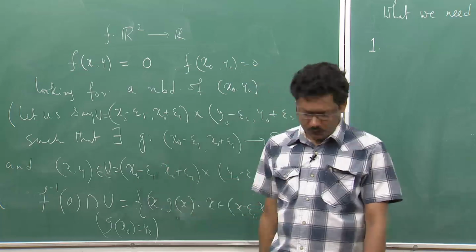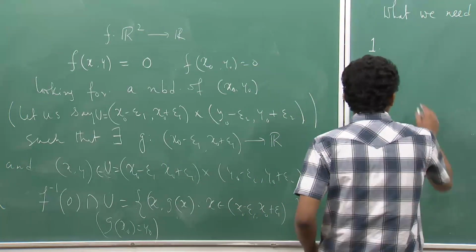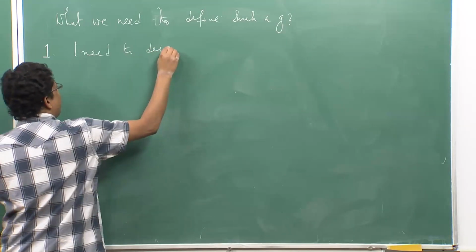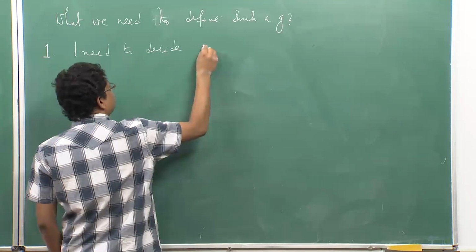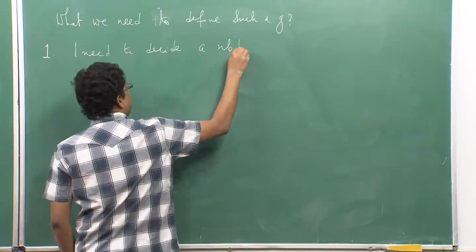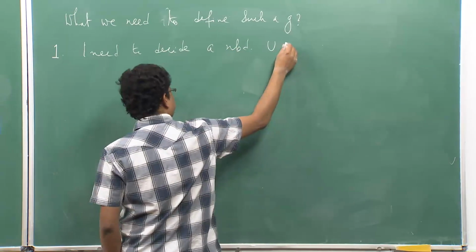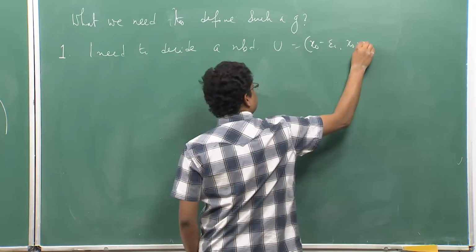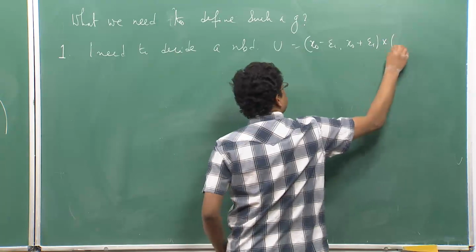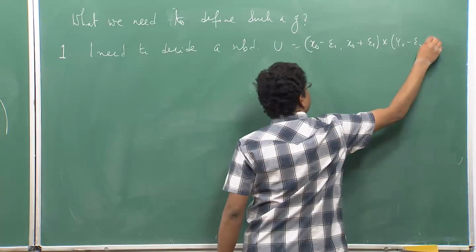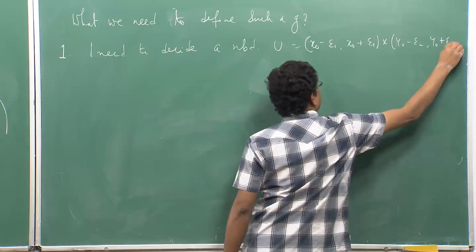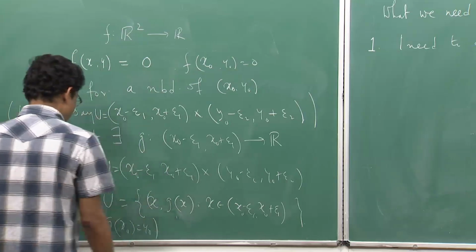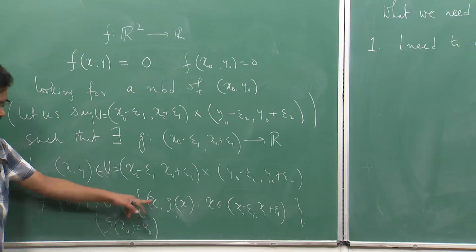So, I need to decide a neighborhood U first. I need G as a function here and this level curve is a graph.